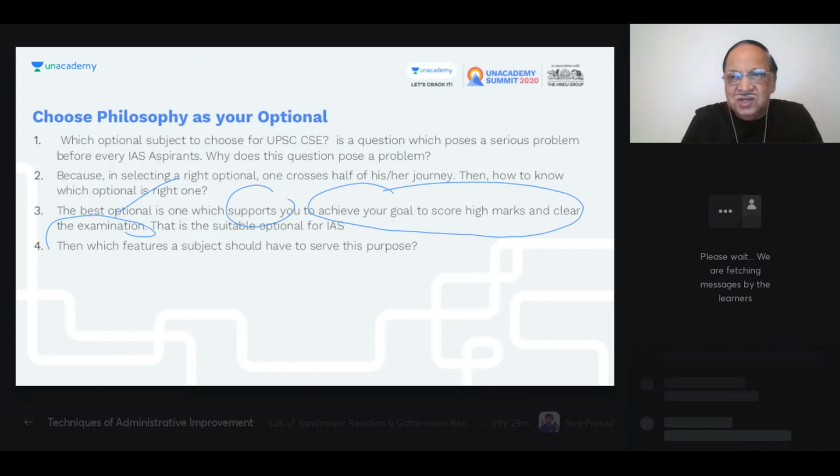This will decide which optional is the best option for you. Then you are first required to know what features make a subject most suitable for you, a subject which can support you to score high marks and to clear this IAS examination.